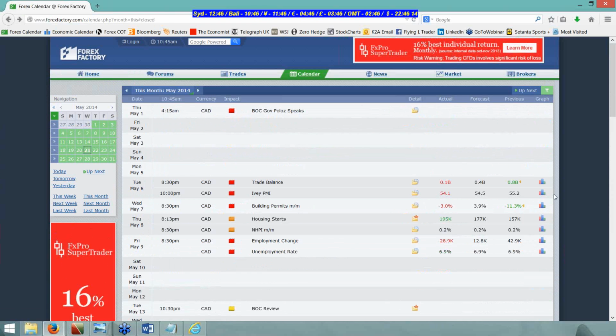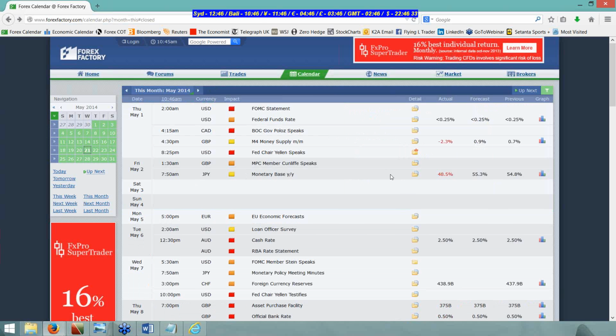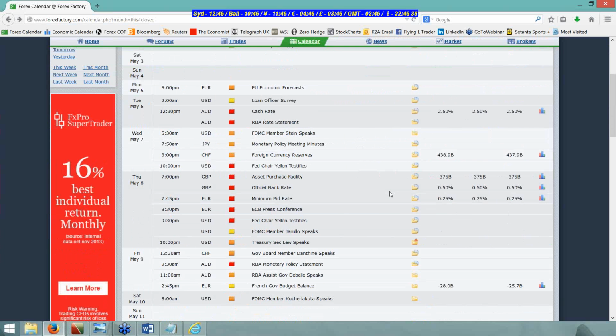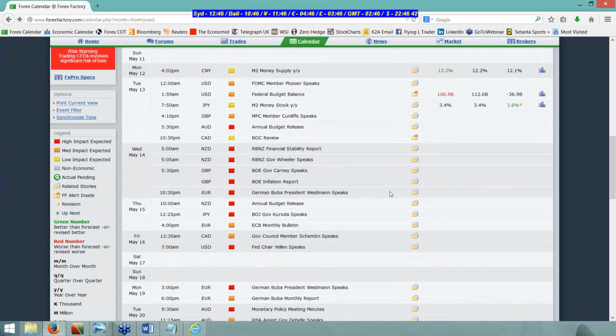The other thing I wanted to show you, which is important, is that we ticked all of them, but then we can just go central bank and maybe speeches. These two, the central bankers, are the ones that matter the most. So if we apply a filter, we're looking at this month. The central bank's announcements are the biggest potential movement on any currency pair.